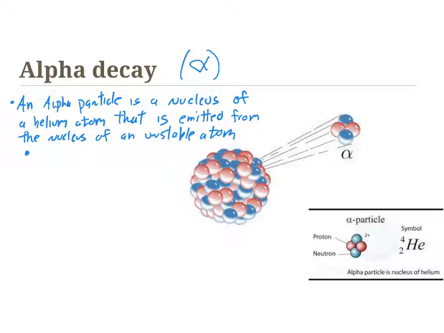Some things to be of note. There are 2 protons and 2 neutrons in one alpha particle, and the entire alpha particle is positively charged.